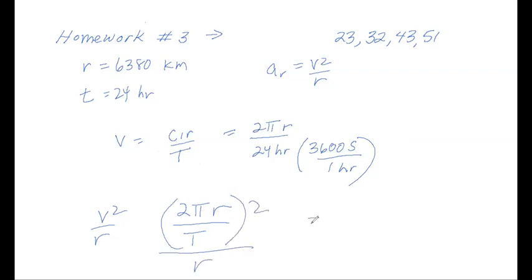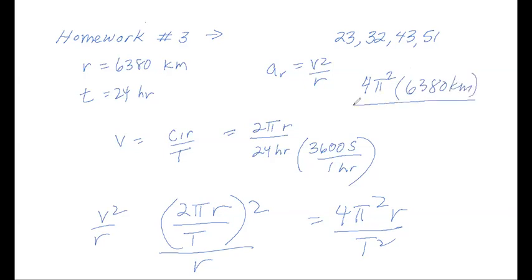So it's going to be 4 pi squared r over t squared, which is 4 pi squared, r is 6,380 kilometers, divided by t squared, which is 24 hours times 3,600 seconds per 1 hour, and this is also squared.